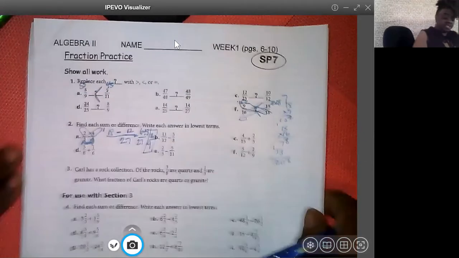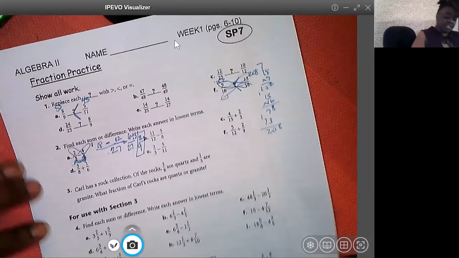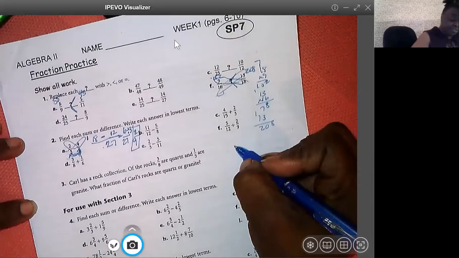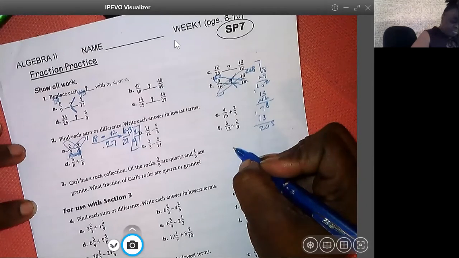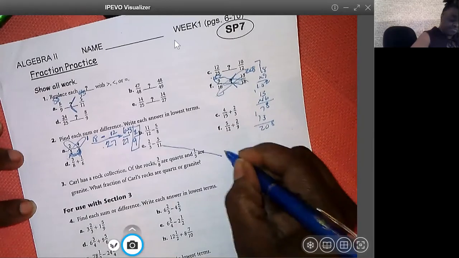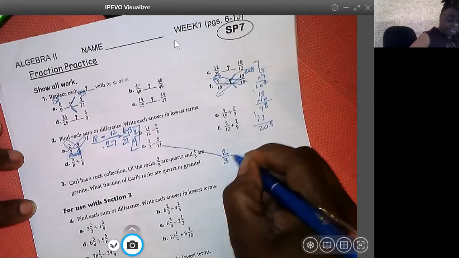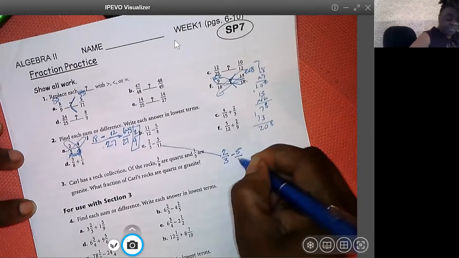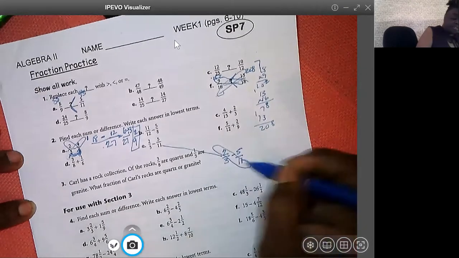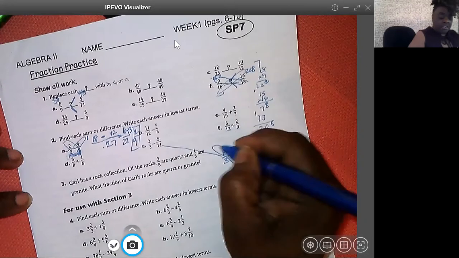Let me do one more in the open where I have a little more space so you can see that more clearly. I'm going to go with E. So you have 2/3 minus 5/11. You're going to cross product going across. 11 times 2 gives you 22.